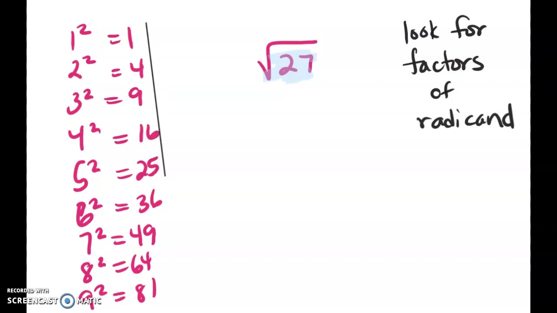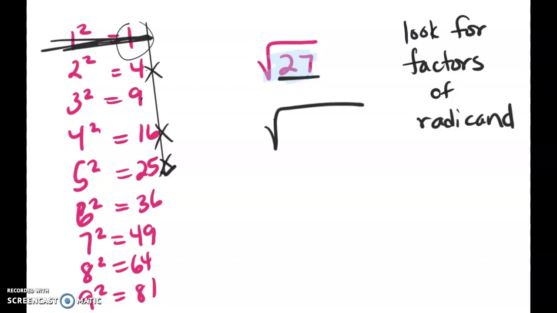There wouldn't be any factors above 27. We can rule out 1, everything is a factor of 1, that's not going to change it. Is 4 a factor of 27? Is 9? 4 is not, 9 is. 16 is not, 25 is not. So if you can find a factor that's on this list, then you can take the square root of it.